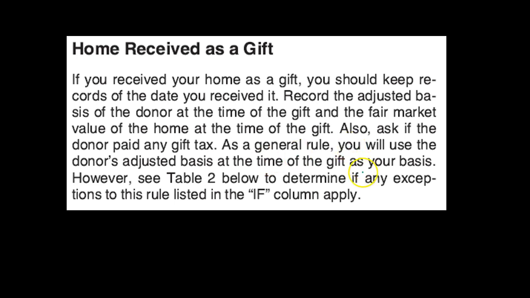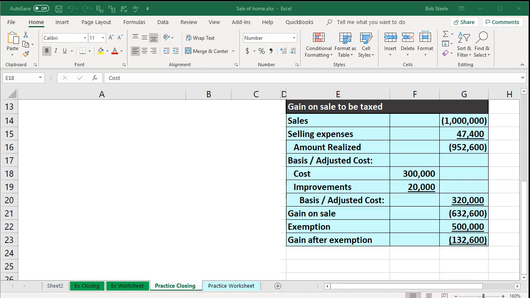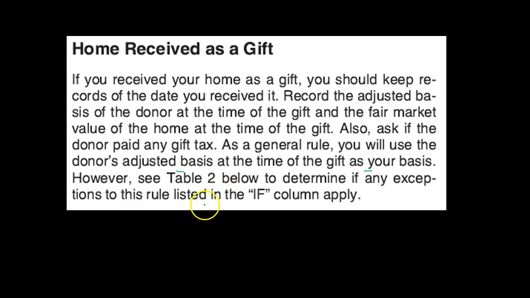So that's going to be the general rule. So if it's a gift, then we're typically going to be using the adjusted basis at the time of the gift. So we would basically calculate this item, the cost. We're thinking about the basis, and we're considering what the adjusted basis would be for the person who gave it to us, the donor's adjusted basis.